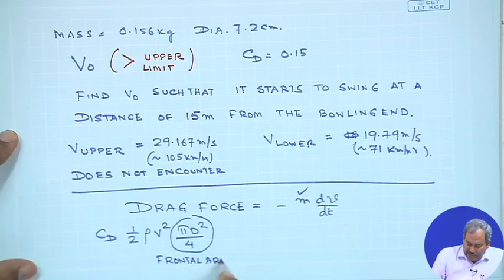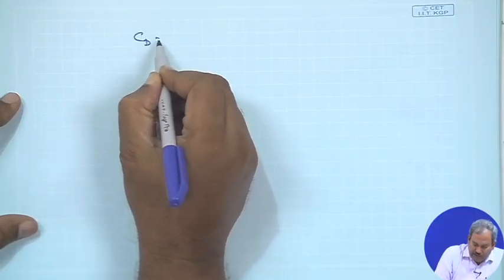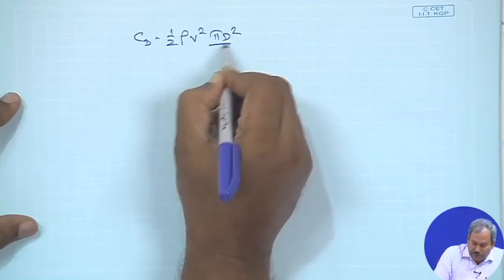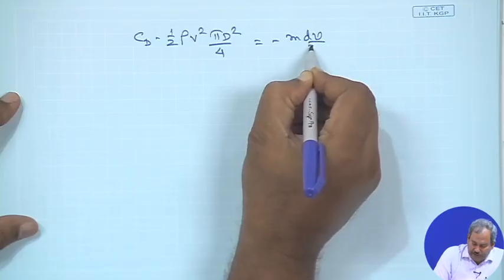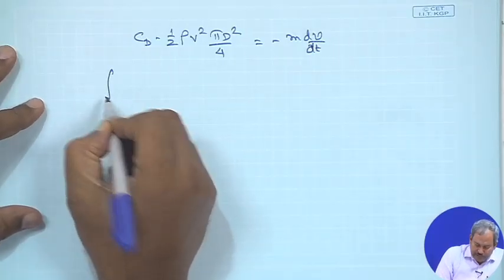That's how CD is defined, based on the frontal area, which would be pi d square by 4. So if this expression, CD times half rho v square pi d square by 4, is equal to minus m dv/dt, then you put in the numbers and integrate.